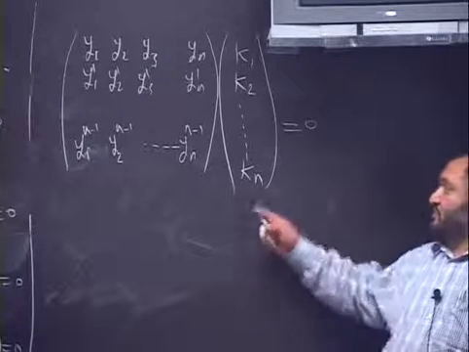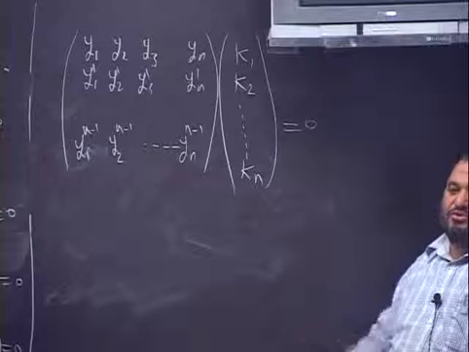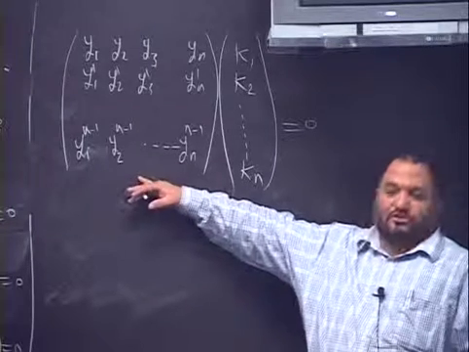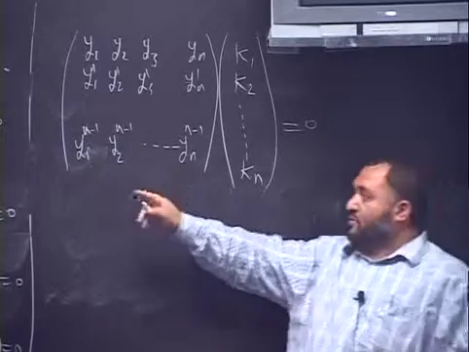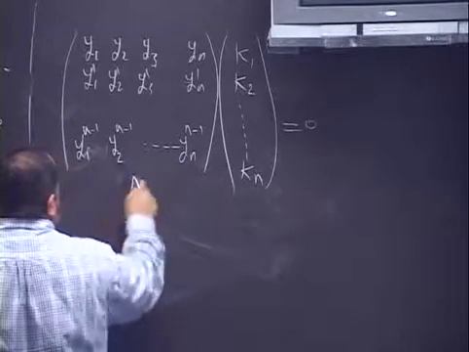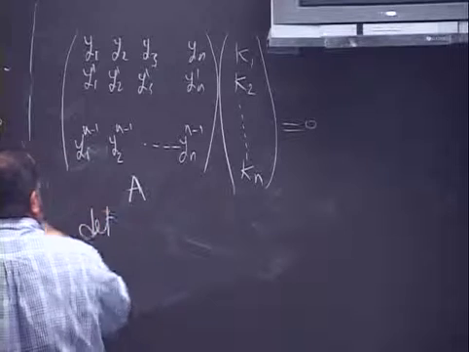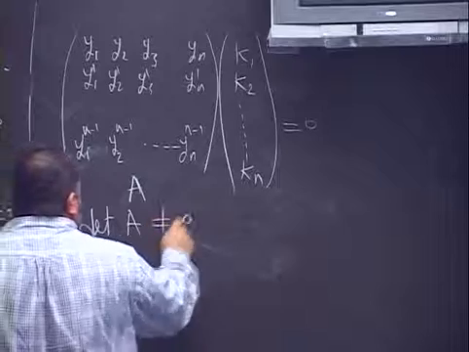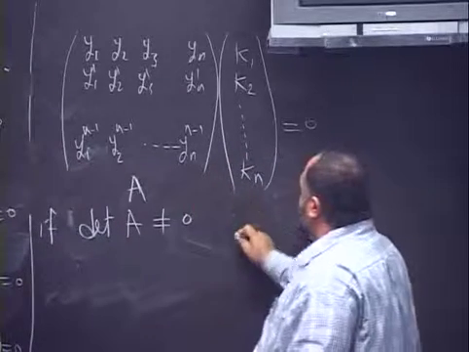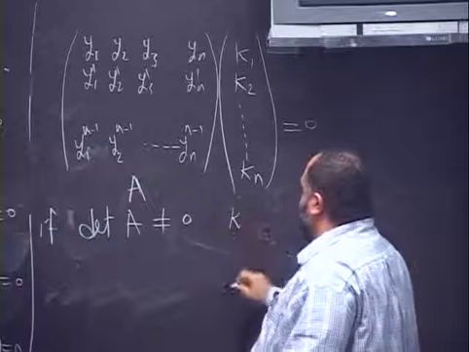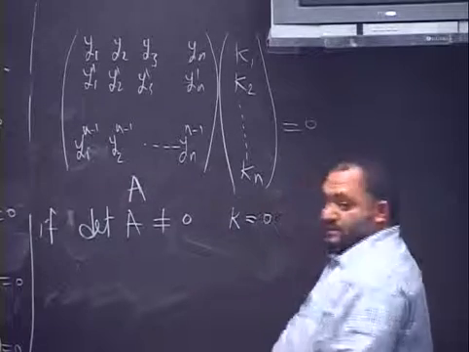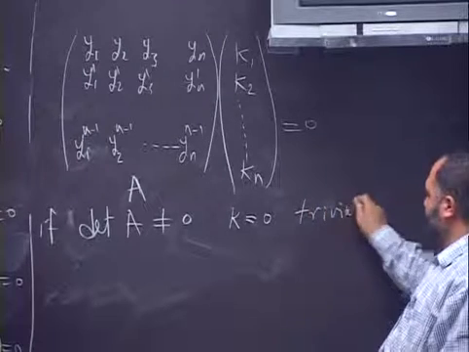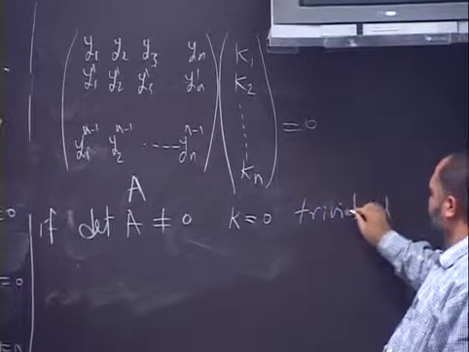In order to have the trivial solution, the determinant should not be equal to 0. So if the determinant of A does not equal 0, the vector K will be equal to 0, and this is the trivial solution.